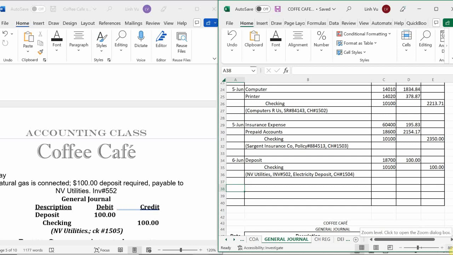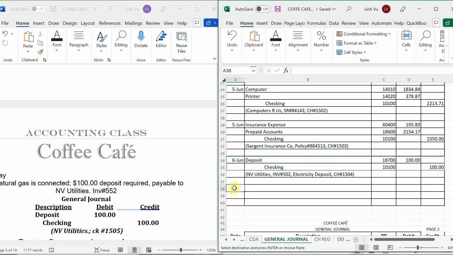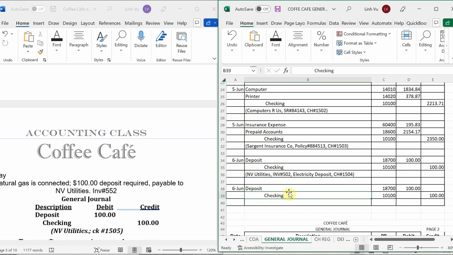We're making another deposit to NV Utilities, but this time, this one is for natural gas. So, in this case, I can go ahead and take a shortcut here and copy this transaction and paste it right down below. But this time, I'm going to change a few things here, right? Because this is for the natural gas.